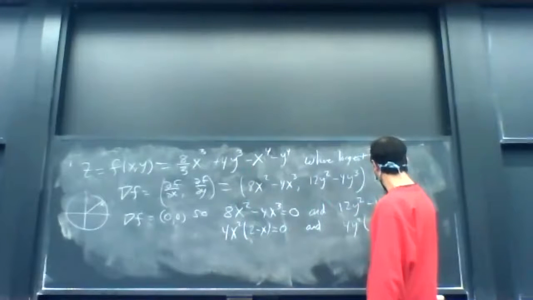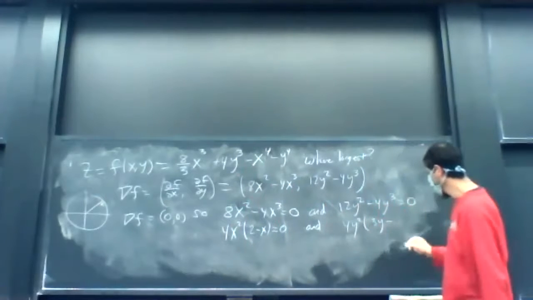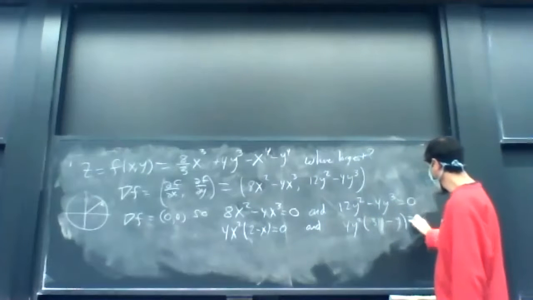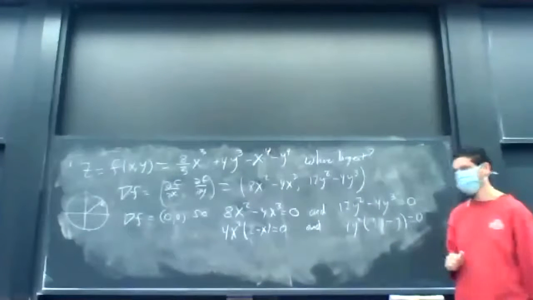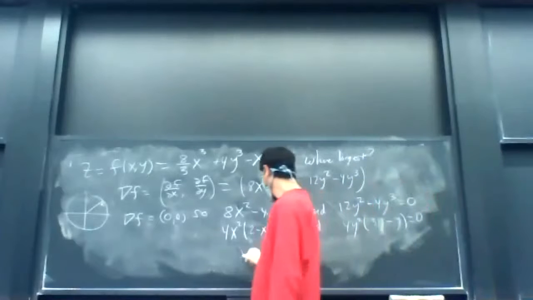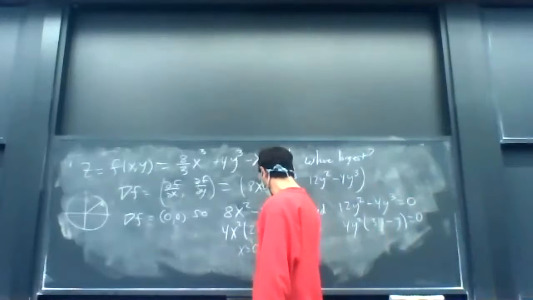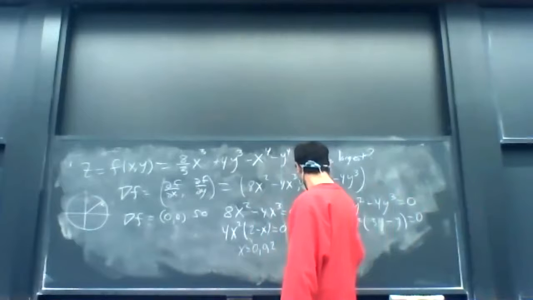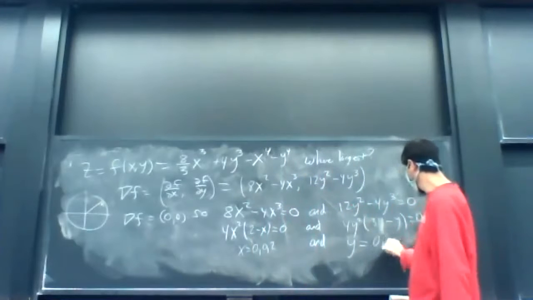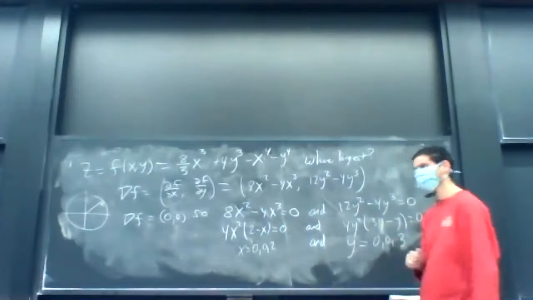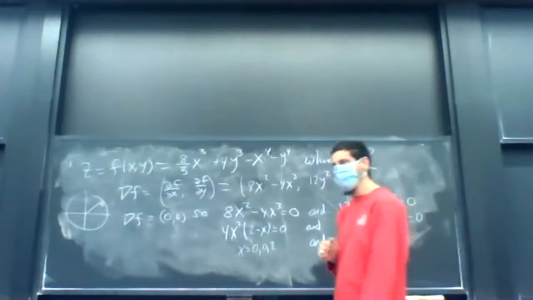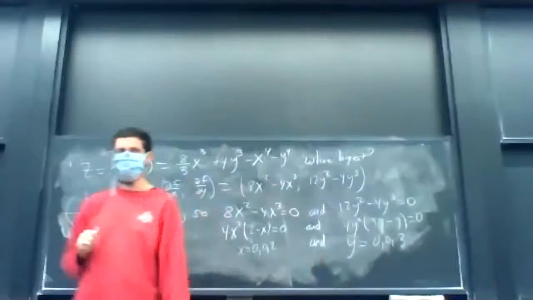I'll get 4y squared times (3 minus y) equals 0. So I get x equals 0 or 2, and y equals 0 or 3. How many points do I have to check?